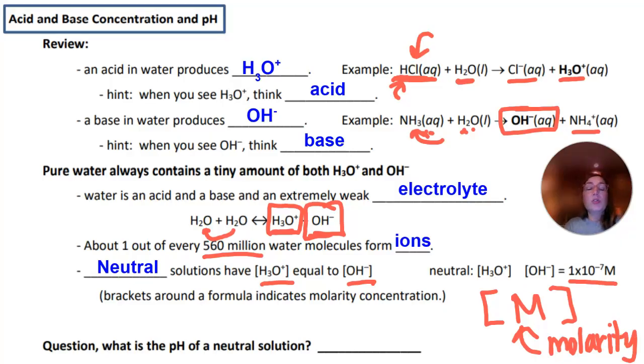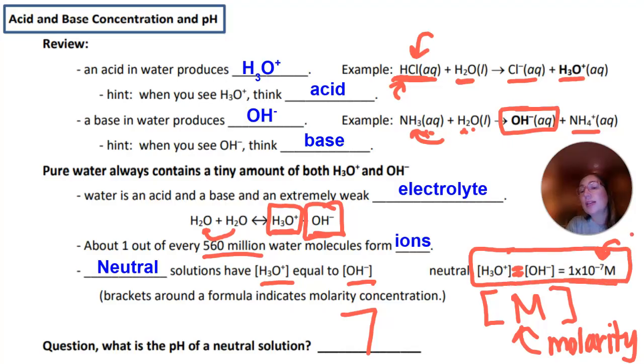Okay, so have you heard about what the pH of a neutral solution is? It's pH 7. Now, it's no coincidence that the H3O plus is equal to the OH minus, and that's equal to 1 times 10 to the minus 7 for a neutral solution. So H3O plus equals OH minus equals 1 times 10 to the minus 7.